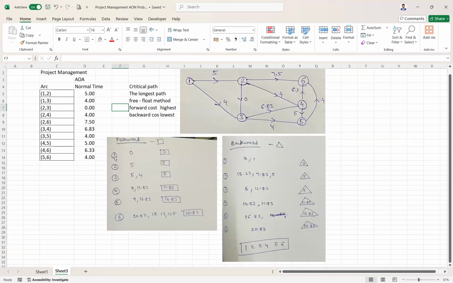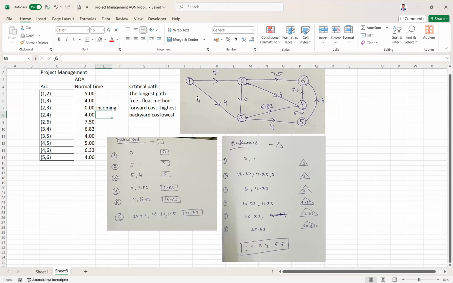Each node, the outgoing arcs give us the cost. For the first node, the cost is 0 because to reach node 1, you don't have to do any other activity. So the initial cost is 0, just one value. That 0 is the forward cost. For node 2, see how many incoming nodes are there. When we are going forward, we see the incoming nodes.